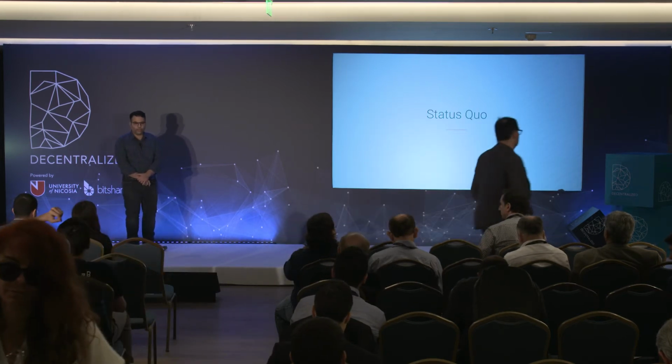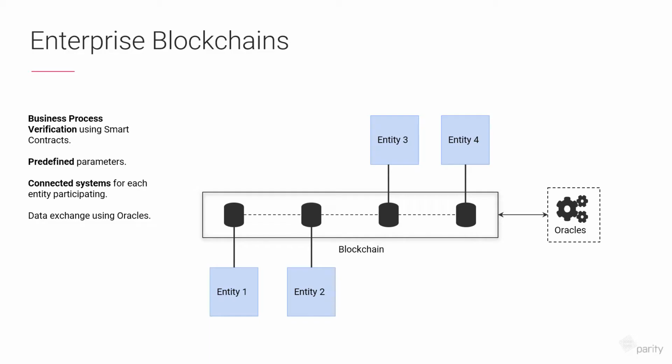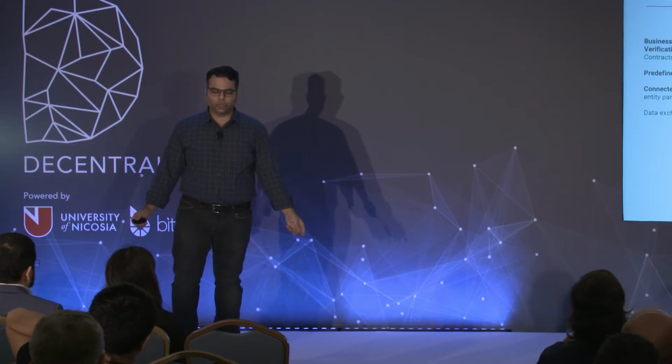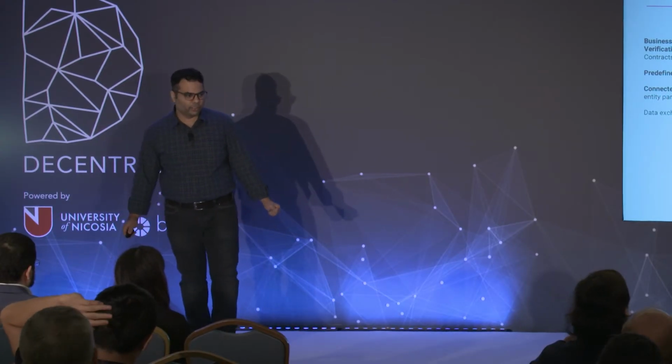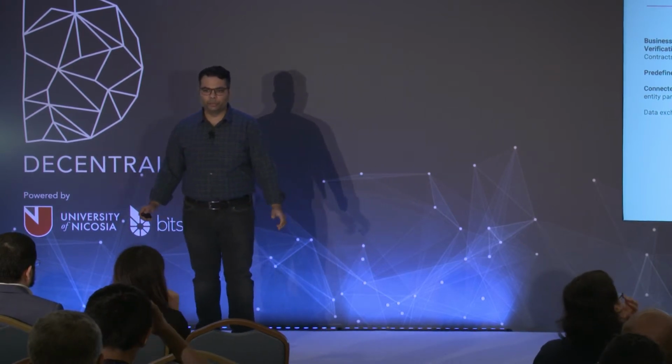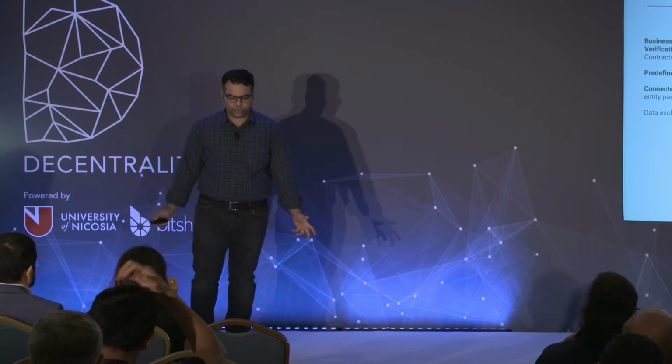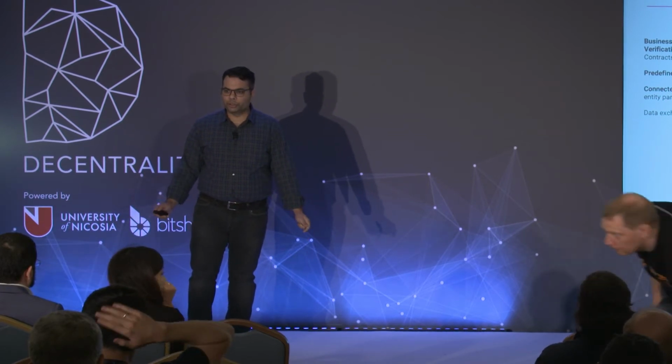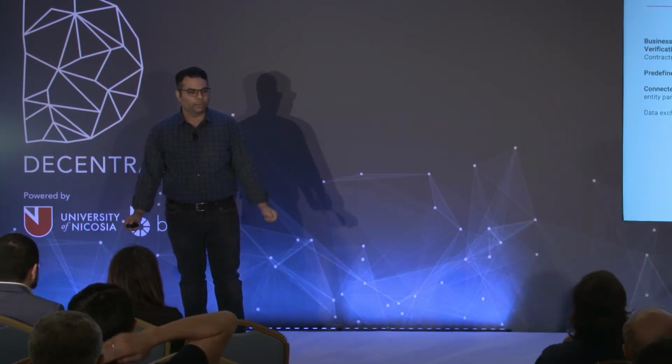So before we go into that, let's look at the problem of today. When we create an enterprise blockchain, primarily a business blockchain, generally there is some sort of business process optimization, putting the business logic on the smart contracts. Then there are some parameters to be tracked as part of this business process.